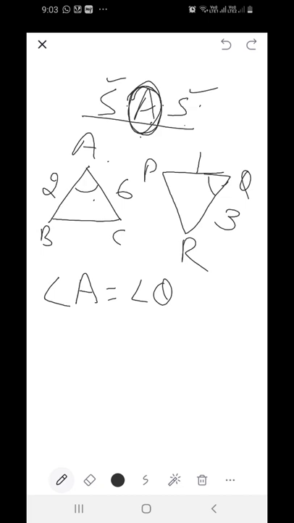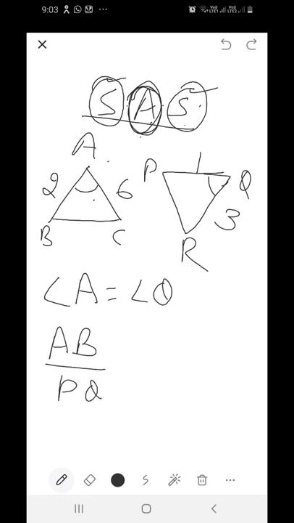So now we are going to take these two S. You see, lengths of the two sides of triangle ABC are given and lengths of the two sides of triangle PQR are given. Now suppose we will divide AB by PQ to find their proportionality.